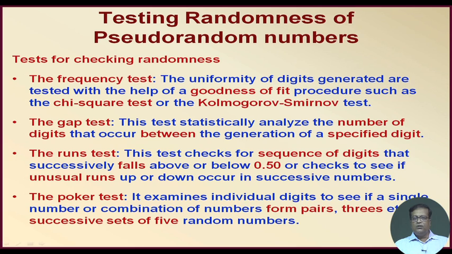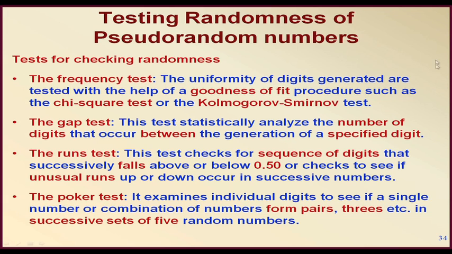So, we try to find out the frequency of the digits that we have generated. We will discuss the frequency test a little more later. At this point, let us only know that we are testing the goodness of fit by looking into the uniformity of the numbers.